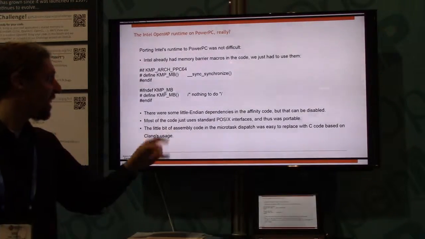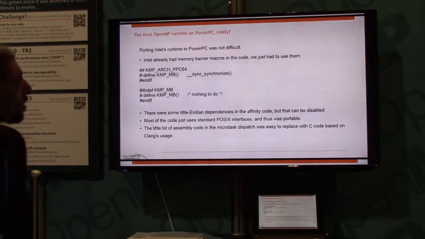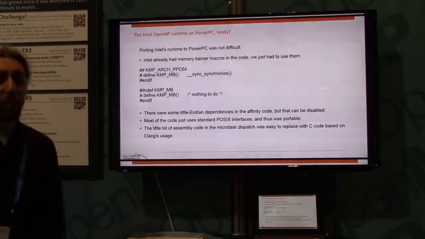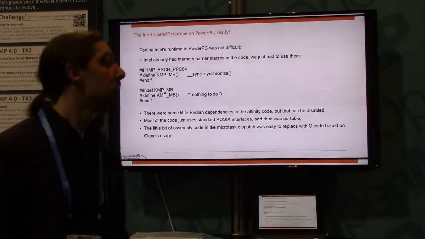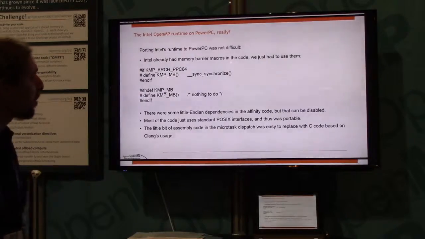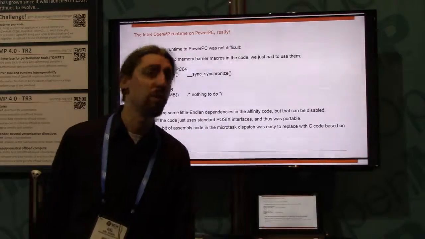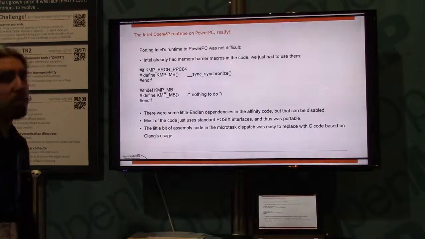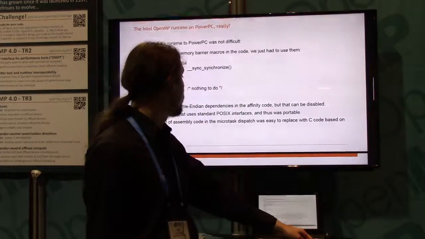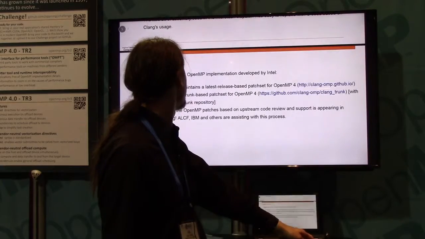There are still some little endian dependencies in the processor affinity code, but that could be disabled. Most of the code just uses POSIX and pthreads, so it was fairly straightforward to port. There's a little bit of assembly that we had to replace in the microtask dispatch routines, but again, that wasn't that hard to do based on the way Clang uses the runtime. So all in all, you get something that works.